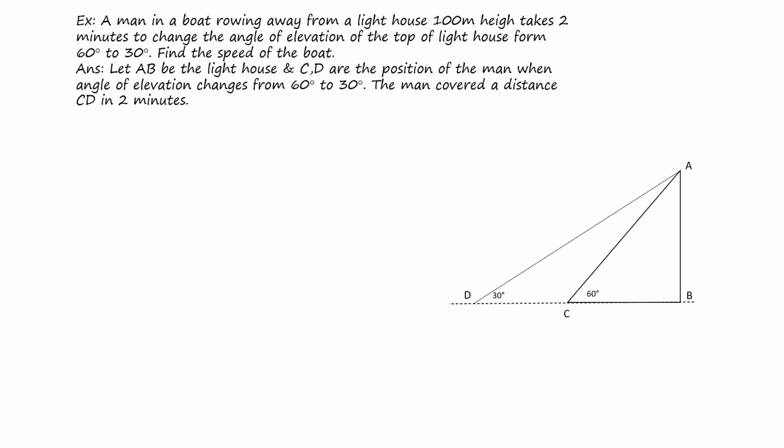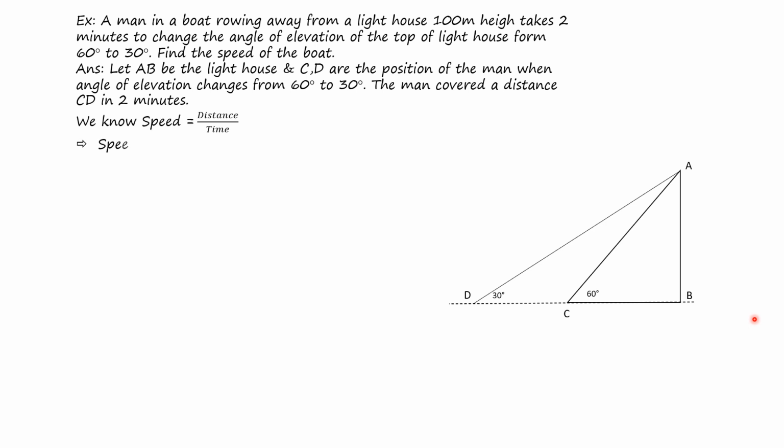Earlier the man was at the point C when the angle of elevation was 60 degree with the top A. The moment the man reaches the point D, the angle of elevation reduced to 30 degree. This distance from C to D the man covered in 2 minutes. We need to find the speed of the boat.